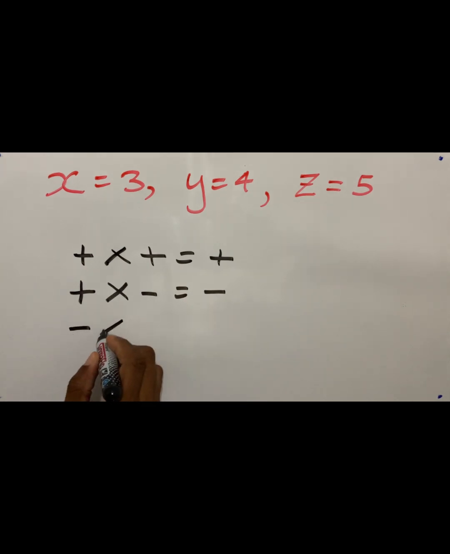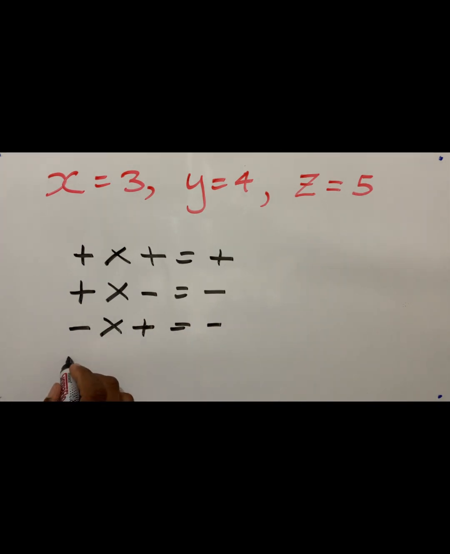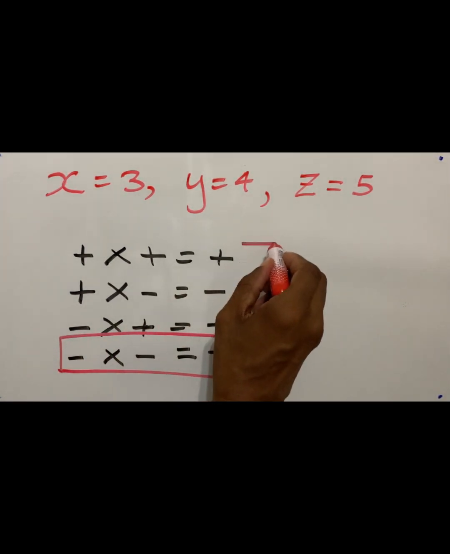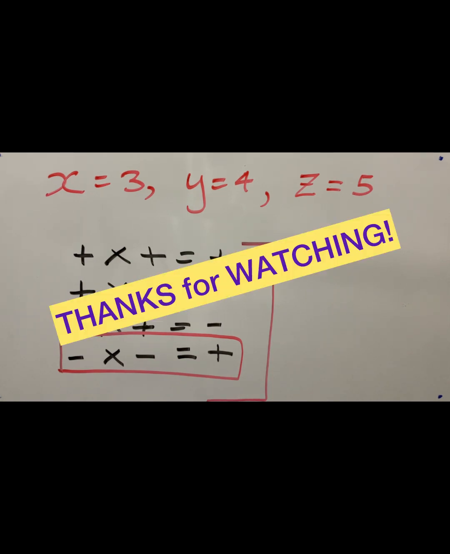A negative times a positive is equal to a negative. Look at this now carefully. A negative quantity times a negative quantity is equal to a positive quantity. Please remember this. And all of these rules right here, the same thing governs division.